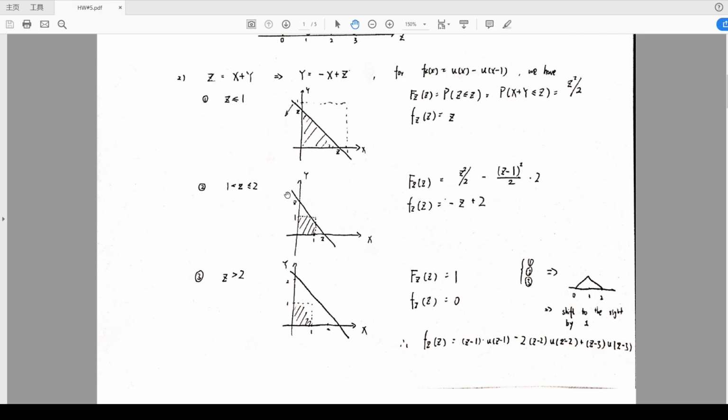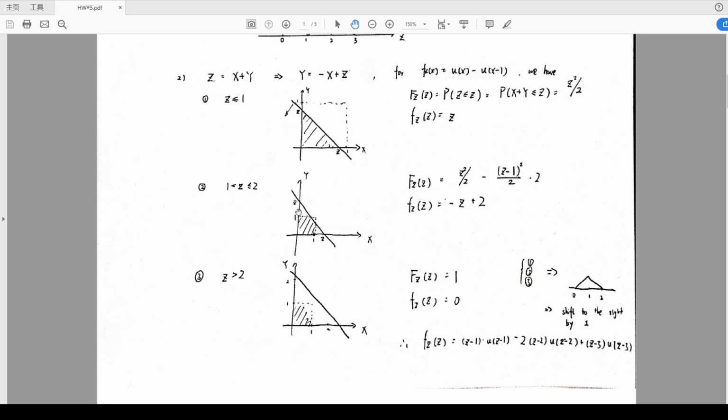The second situation is when z is bigger than 1 but smaller than or equal to 2. In this situation, we have this area, but because these two areas are outside the unit square, we only consider the area inside of the unit square.